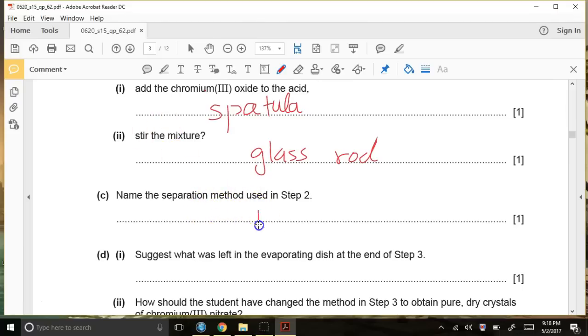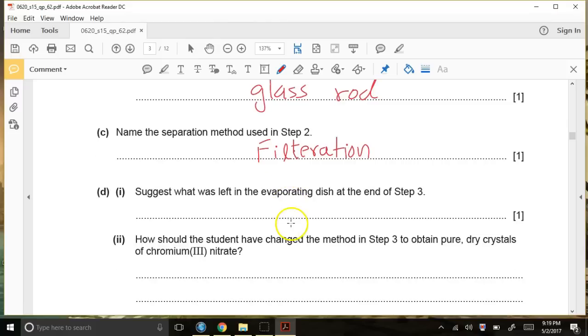So that's the best answer there. Filtration. Okay, there's also another process called decantation that can be used. Look it up, but then filtration is much easier, alternative answers for you.